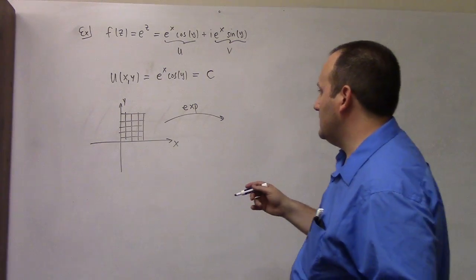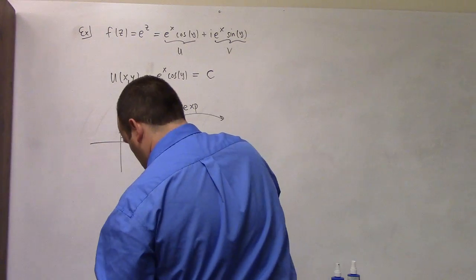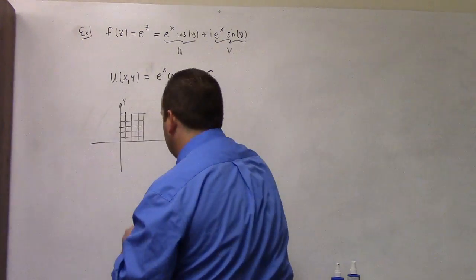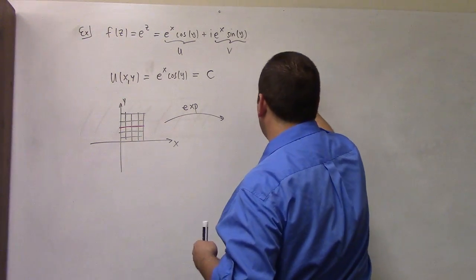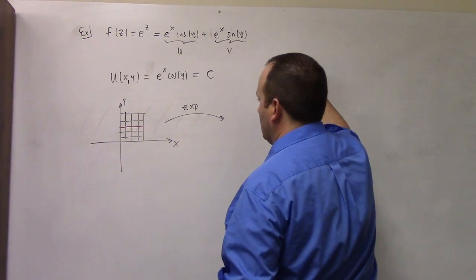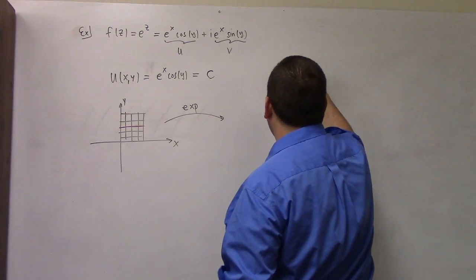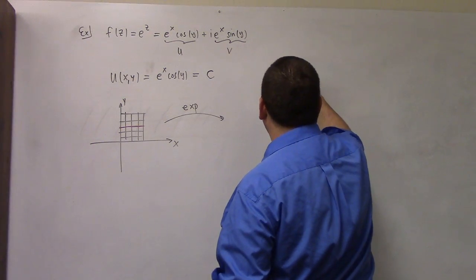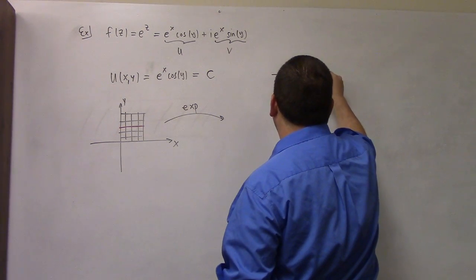So if we look at a typical horizontal line, that would be z equals what? Let me just say it would be equal to t plus i y naught for a fixed y.